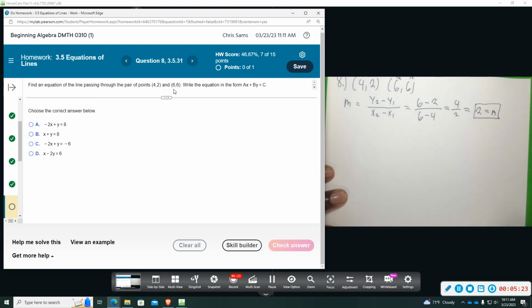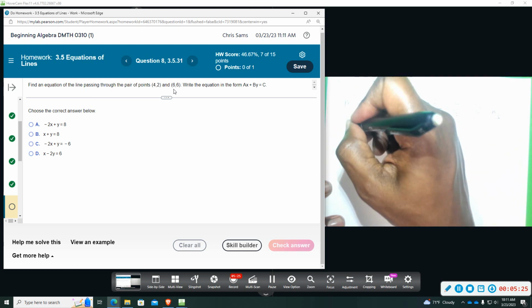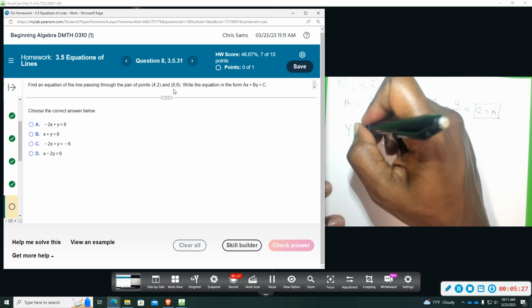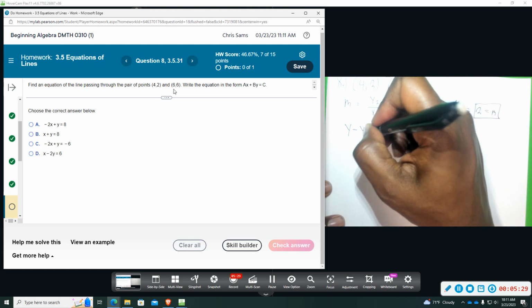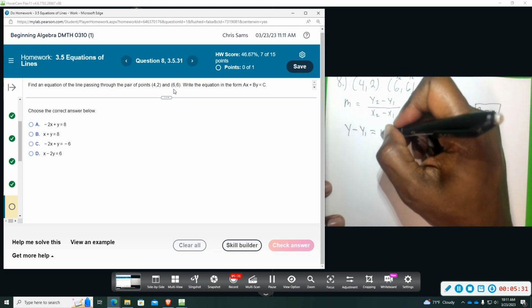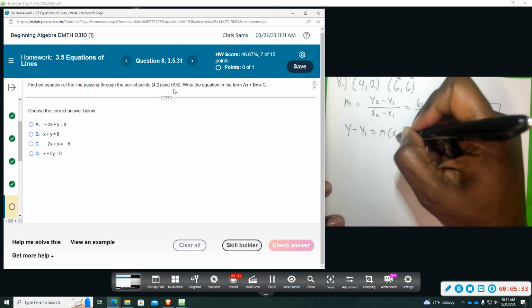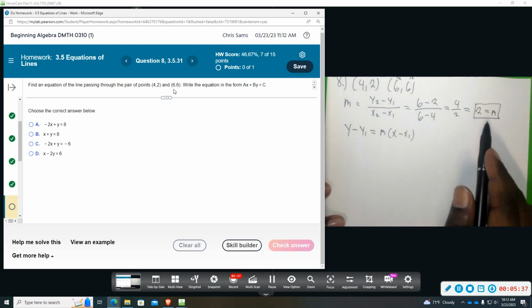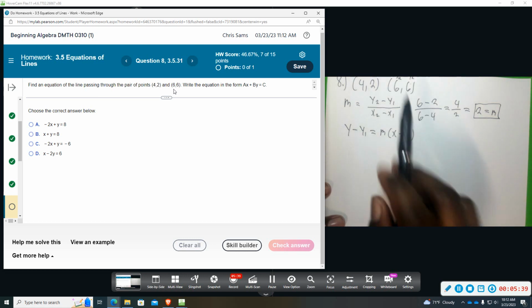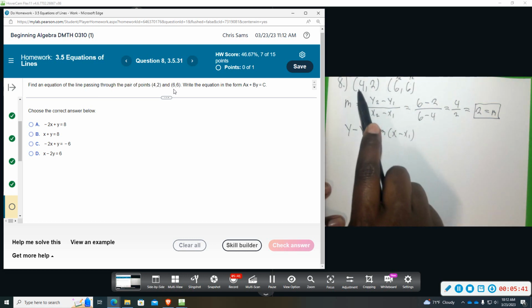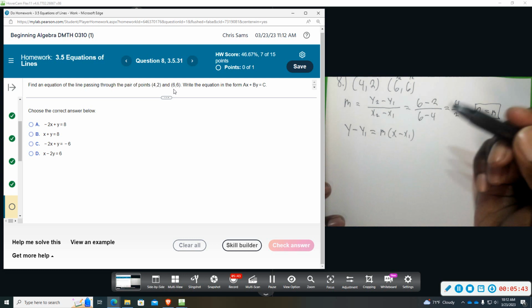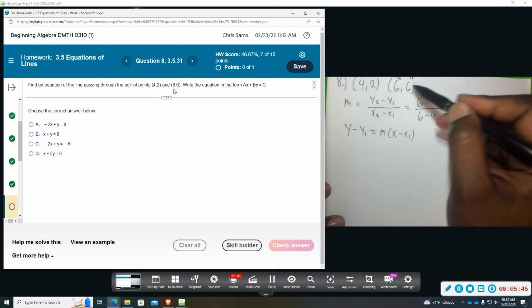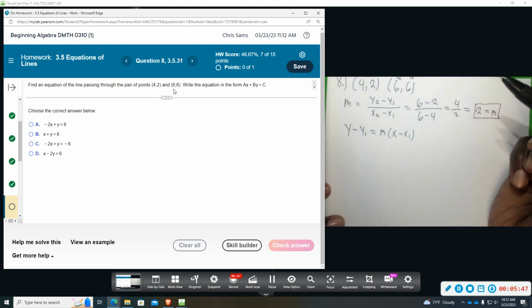Okay, so now that I have a slope, I'm going to use point slope form. y minus y1 equals m times x minus x1. I'm going to plug in 2 for the slope, and we can pick any point. I'll probably pick the smaller numbers, the 4 and the 2. It doesn't really matter. You can use either point, and it will work out the same.